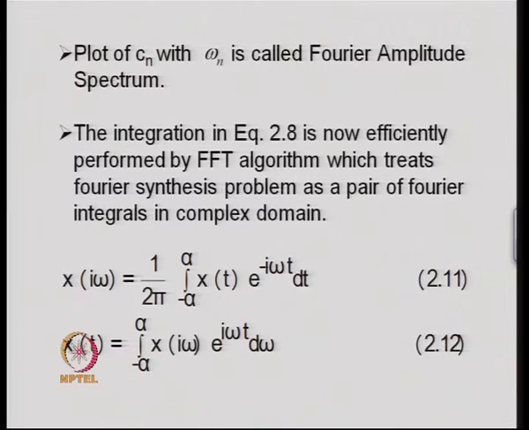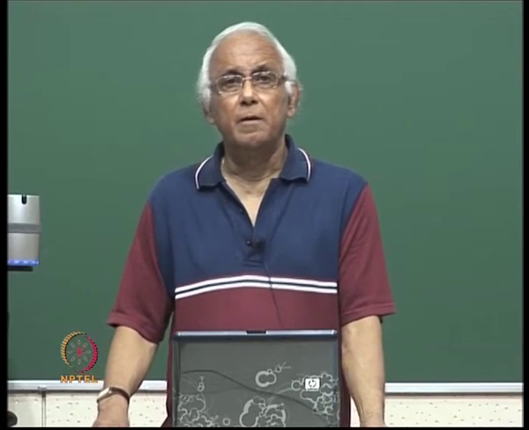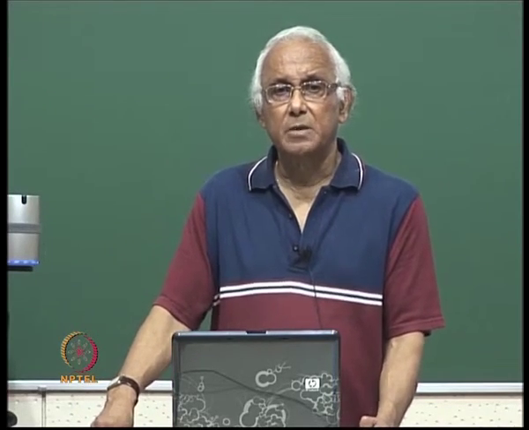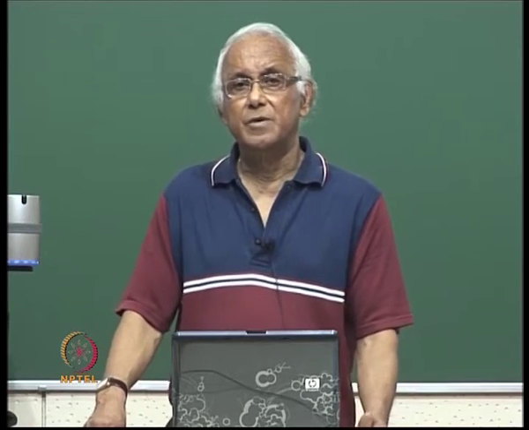The plot of C_n, that is the amplitude of the ground motion at frequency omega_n, if it is plotted against omega_n, is what we call the Fourier amplitude spectrum. The idea is to obtain the Fourier amplitude spectrum given a time history record.